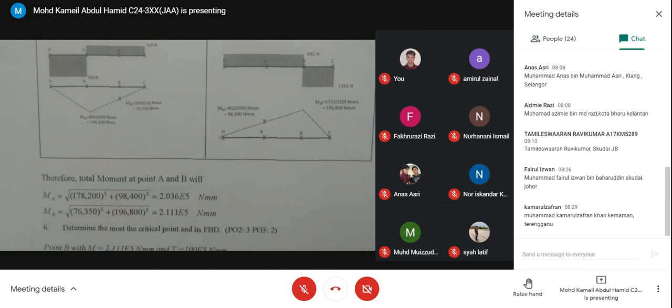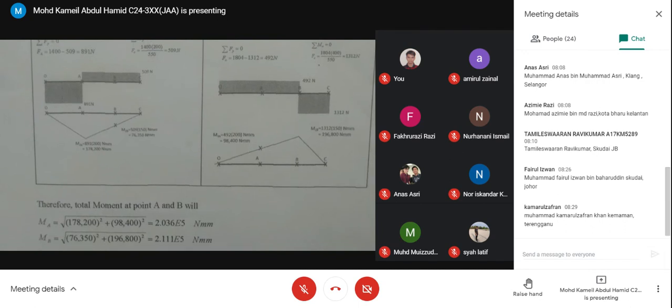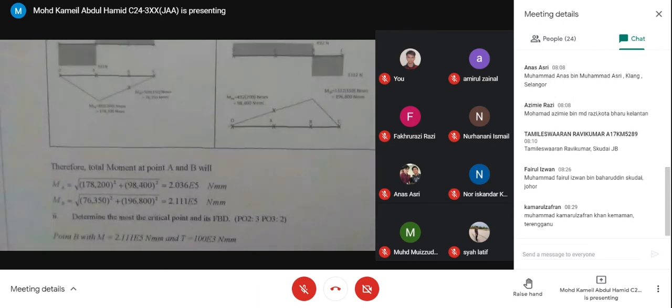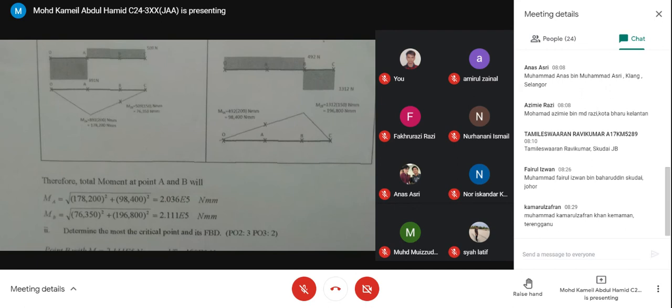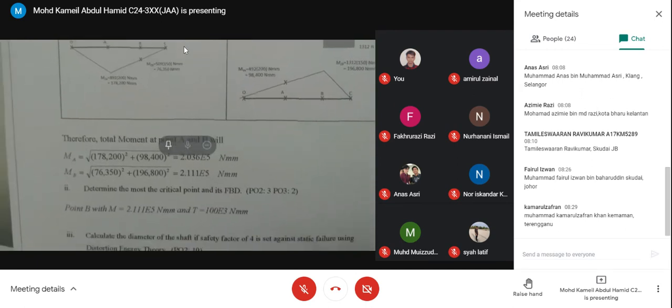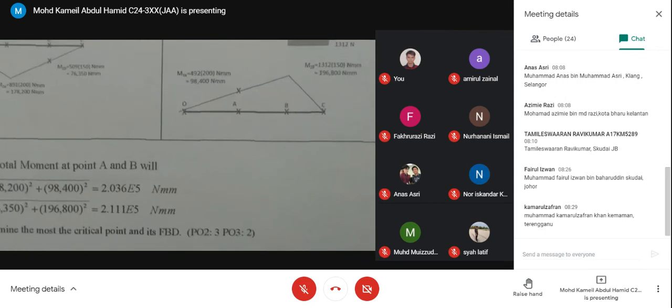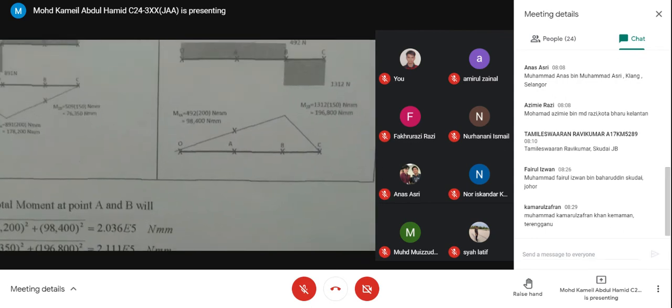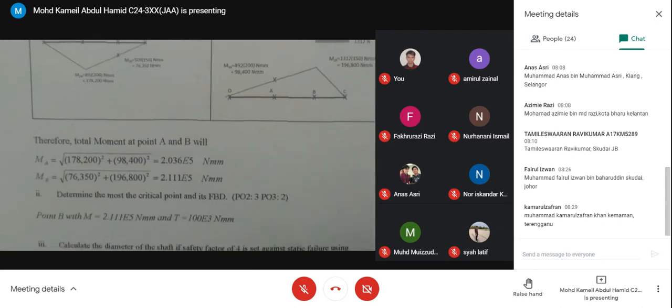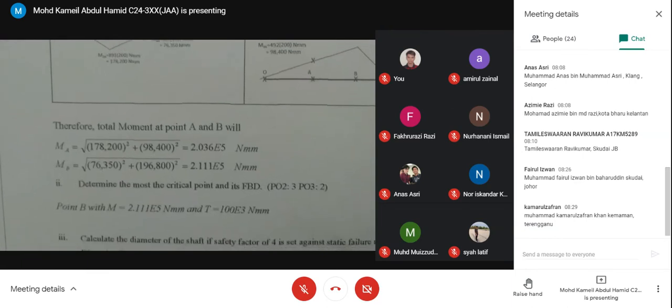Total moment at point A is the square root of MZA square plus MYA square. Then at point B, MZB square plus MYB square, square root, you get the total moment.